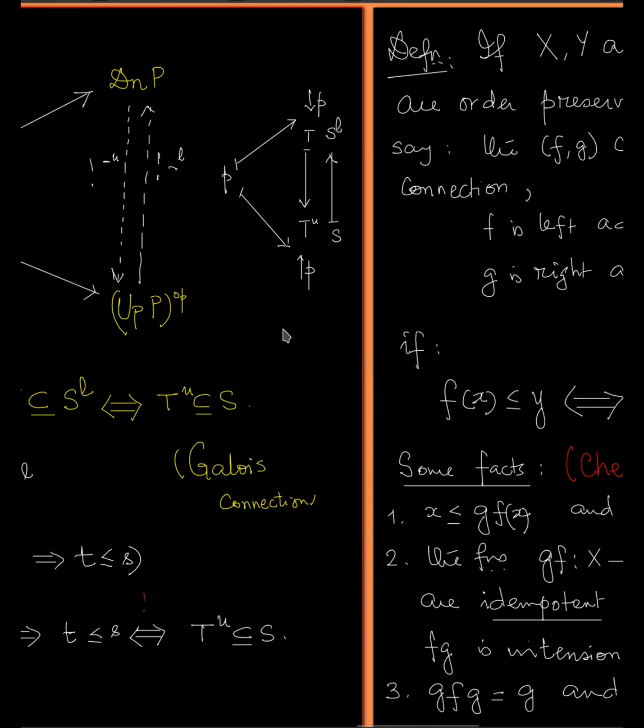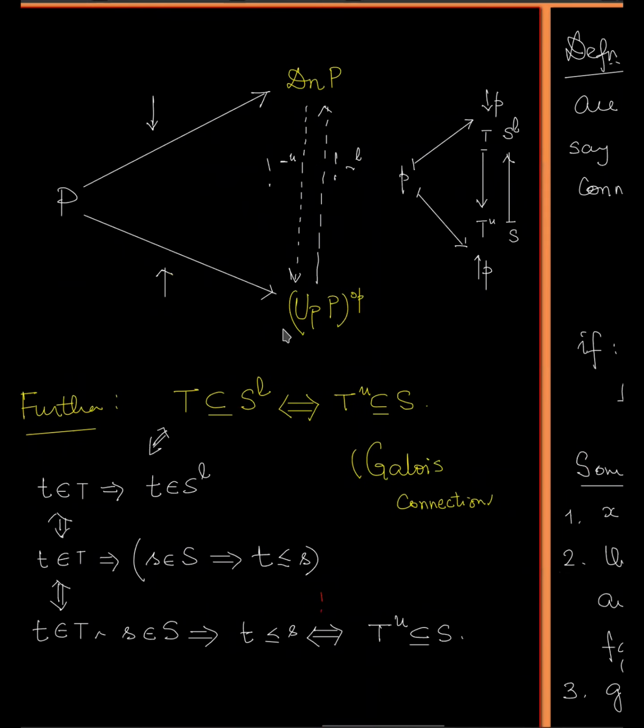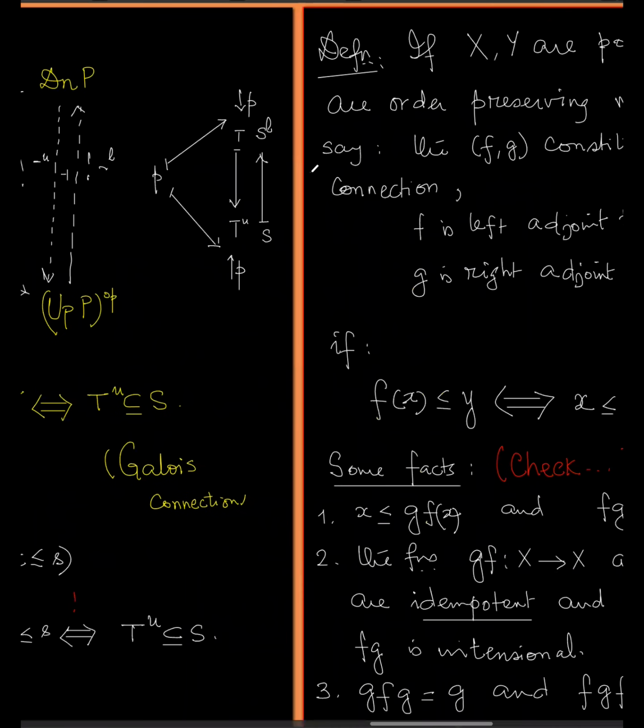But now let's come and see what happens over here. So we have this Galois connection, right? So we have taking upper bounds is a Galois connection to taking lower bounds. All right.